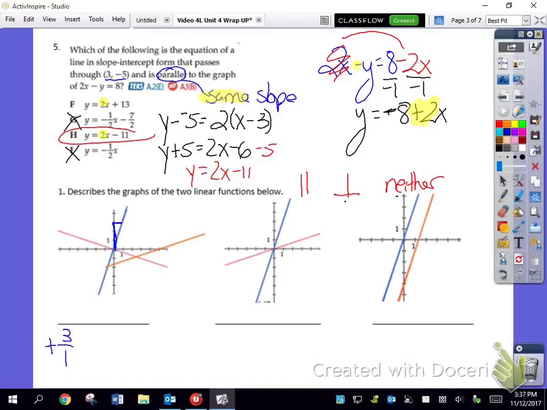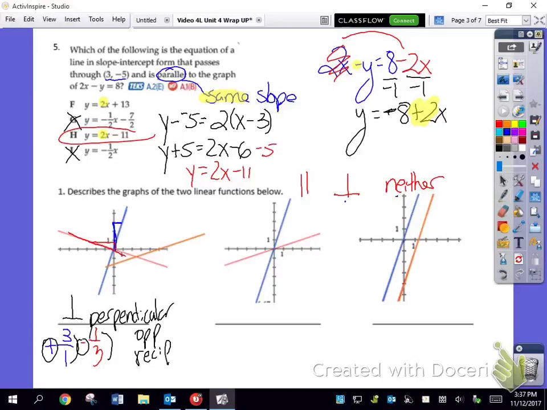The second one, the red one, is up 1 over 3, but it's decreasing, and decreasing is negative. One is positive, one is negative, so they're opposites. And 3 over 1 and 1 over 3 are reciprocals. If they are opposite reciprocals, they are perpendicular. When they are both those things, opposites and reciprocals, they are perpendicular.